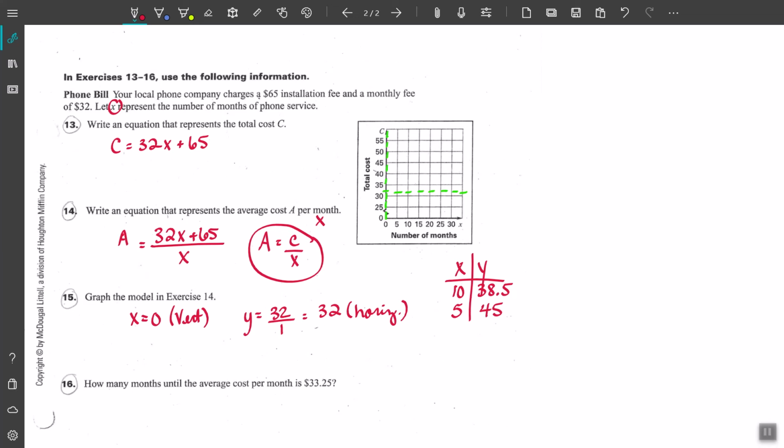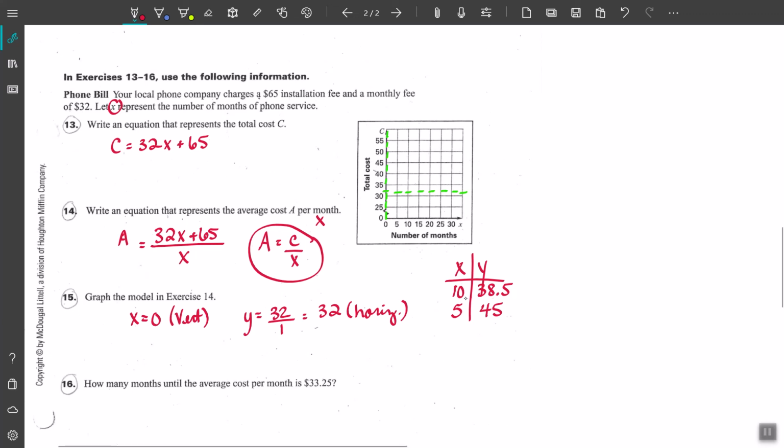So just to back up a minute and go over what this is actually telling us. The information this point right here gives us is that if we had this service for 10 months, the numerator is going to tell us our total bill, and then we divide that total bill by 10 months again, and that will give us the average cost.